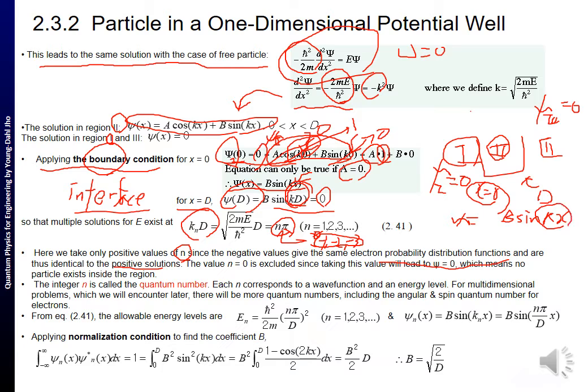So k depends on this n, and could it be positive or negative? When we compare these positive versus negative values, if we put negative values into here, then it'll just induce a negative sign, and everything else is the same. So positive case, negative case, right?